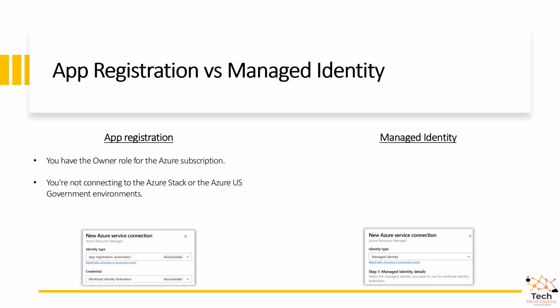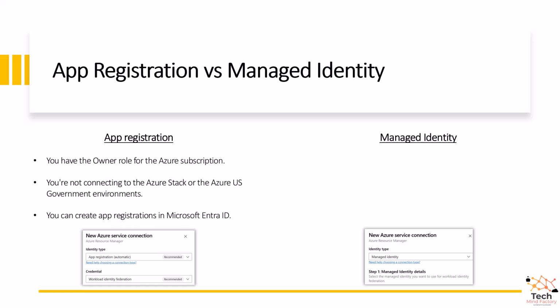So if you use Azure Public Cloud, you're good to go with app registration. And the last important thing is that you have the permission to create app registrations in the Microsoft Entra ID tenant. So if you are the owner of the Azure subscription, if you use public cloud, and if you can create app registrations in Microsoft Entra ID, you can use the app registration approach with Workload Identity Federation.